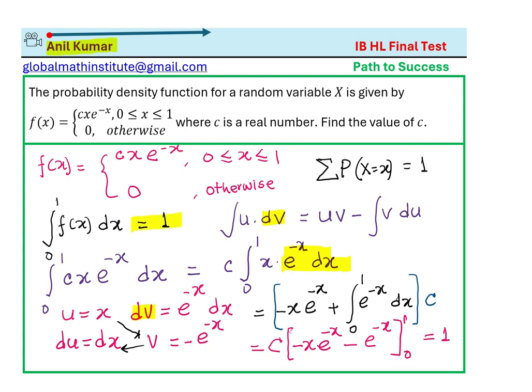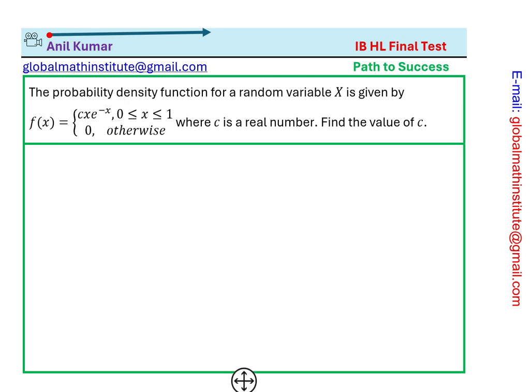So that is how we are going to solve this. Perfect. Now we need to finally work on what we already have.